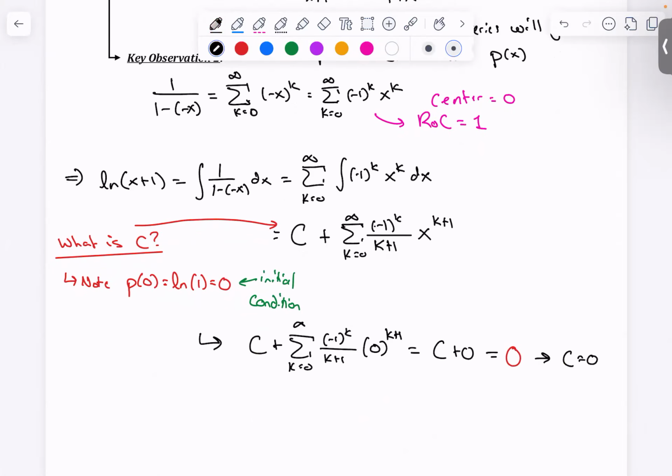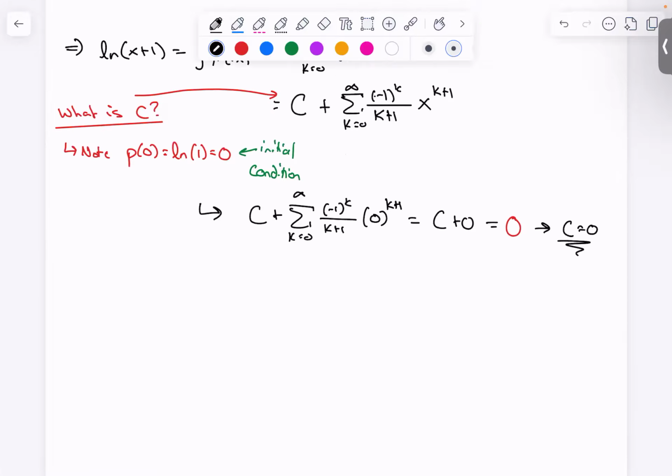So C is equal to 0. That's not always guaranteed. A lot of the times it does happen that the constant ends up being 0, but that's not guaranteed, so we do need to actually sit down and verify it. It just so happens that a lot of times it is.